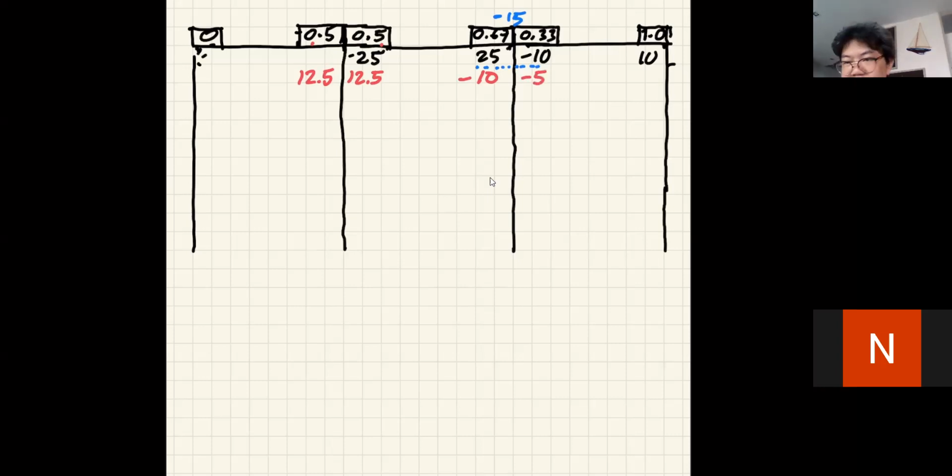Notice that again, sigma moment at joint C will become 0 because you have plus 25 here and then minus 25 from these 3 terms. So sigma moment is 0. And the last place, this is 10 all alone, so you need minus 10. That is the end of your first cycle.